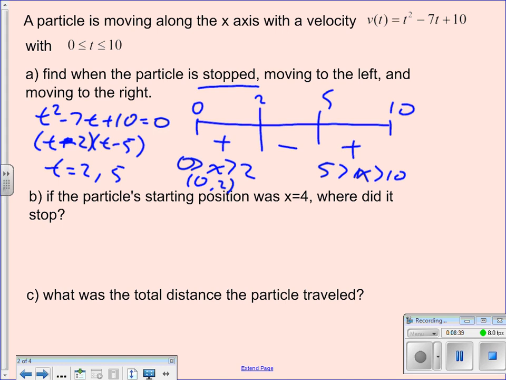So what I need to do is take where I started plus my displacement. My displacement is the integral of the velocity, how far I am from where I started.